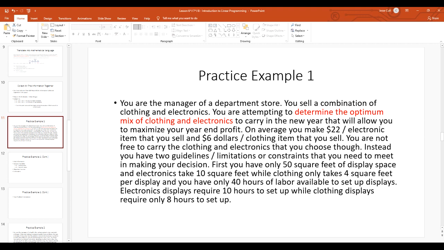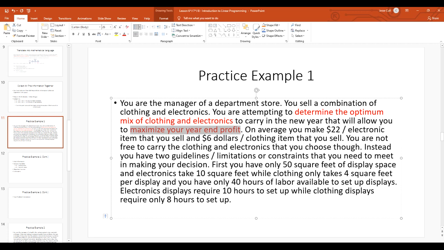In this situation, we want to find what we are ultimately trying to determine. So let's check. You are attempting to determine the optimum mix of clothing and electronics to carry in the new year that will allow you to maximize your year-end profit. So our ultimate goal is maximizing profit.